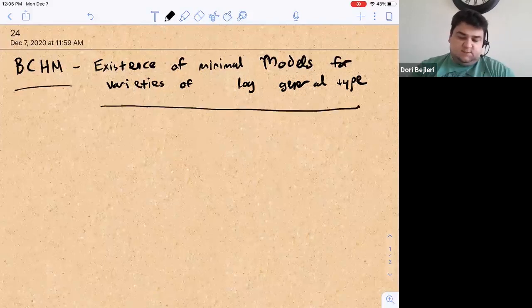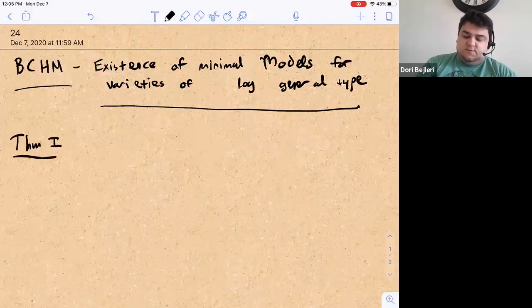Okay, so we summarized the main theorems as follows, but again, these are just summaries of their actual theorems.